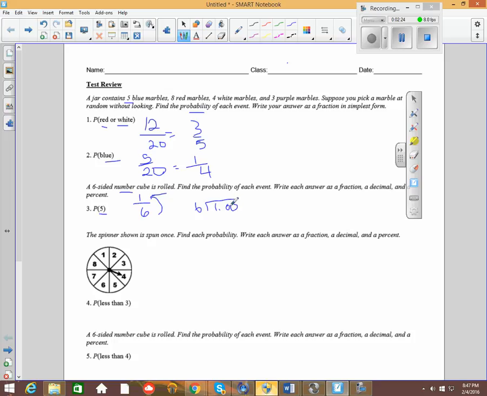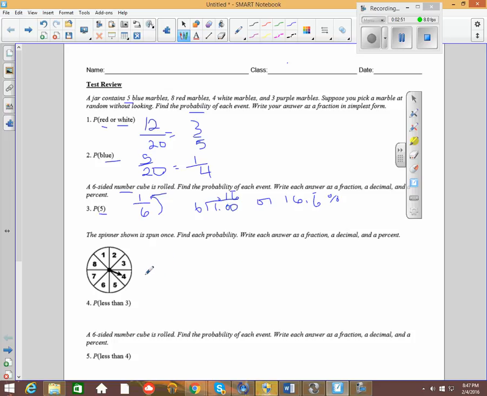I'm not going to do all the steps, but we'll find the answer would be 0.16, and it's going to repeat. Or you can say it is 16.6 repeating percent, because you have to move the decimal. That's as a decimal, that's as a percent.